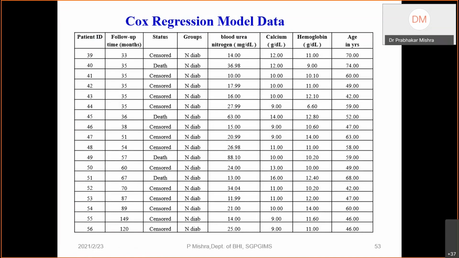Now our objective is to calculate the independent predictors of the survival time of the patients. We have taken five independent variables: diabetic or non-diabetic, blood urea nitrogen, calcium, hemoglobin, and age.